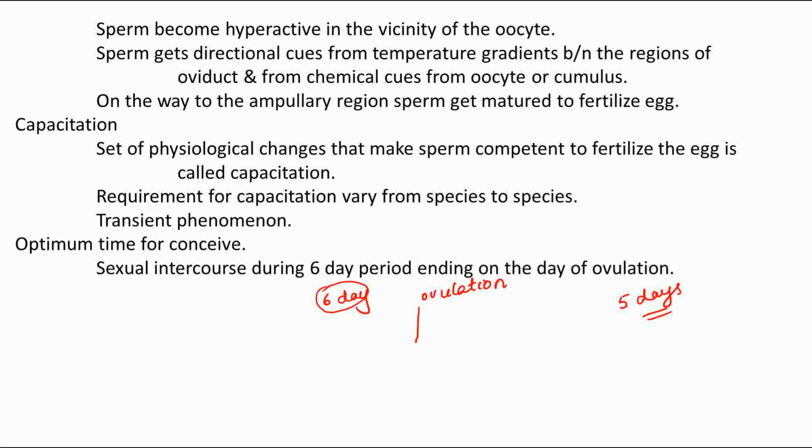After the fifth day, that sperm gets destroyed. So it cannot survive after the fifth day. So that is the reason why we choose 6 days prior to the day of ovulation. This way we are giving the maximum time period for a sperm to reach a mature ovum.